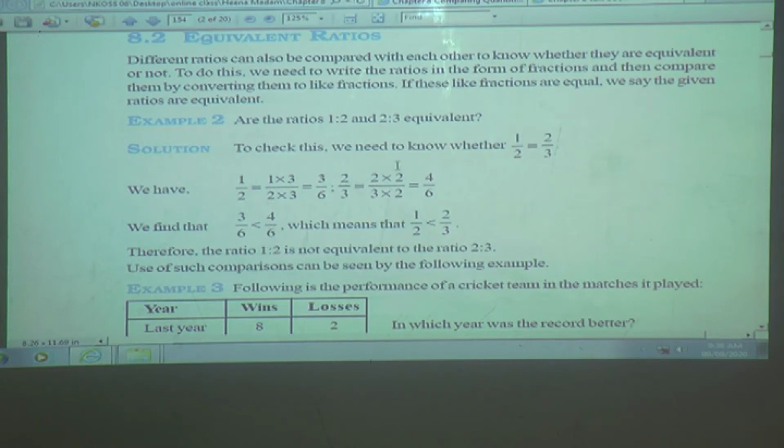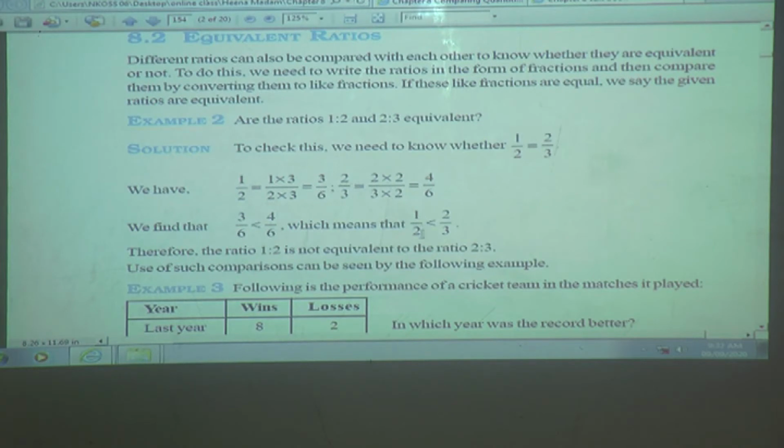So we can say that 2/3 is greater than 1/2. In this way we compare the given ratios to see whether they are equivalent or not. Therefore the ratio 1:2 is not equivalent to the ratio 2:3.